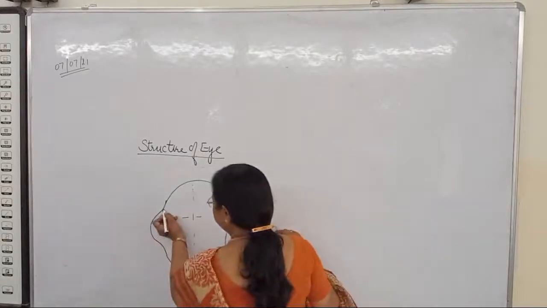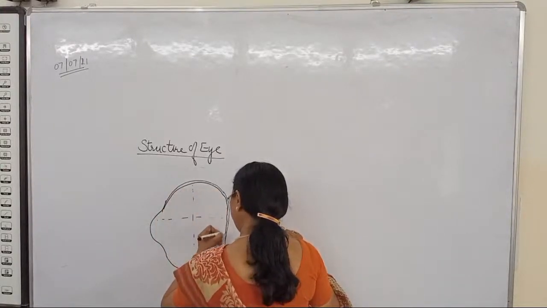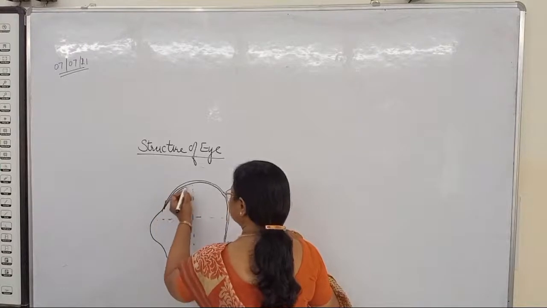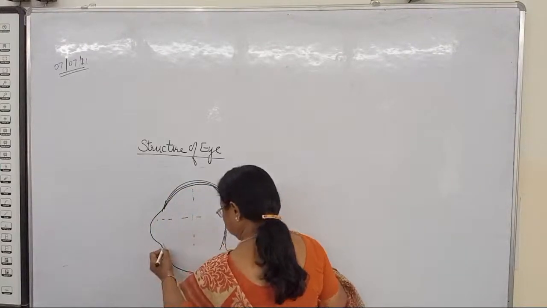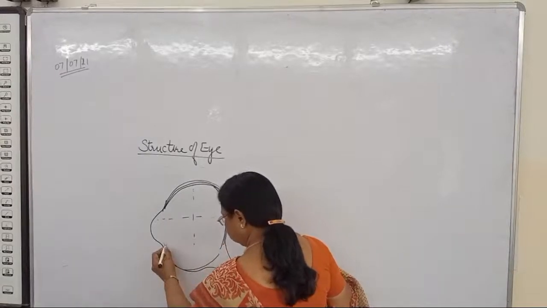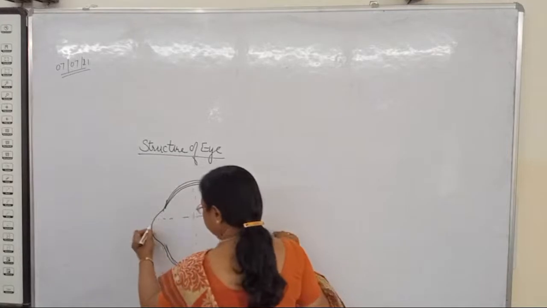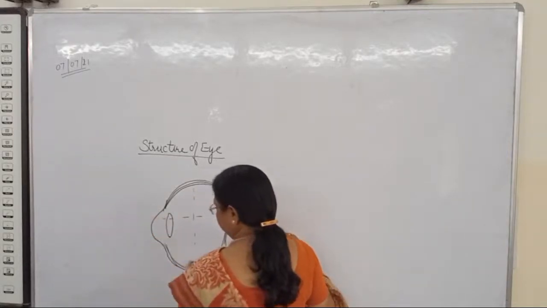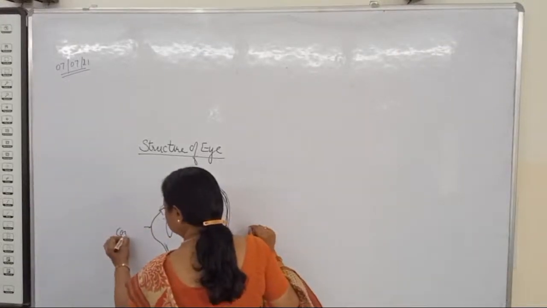Basically, the eye has three layers. So here you have three layers. Then here you have a lens. This is your cornea.